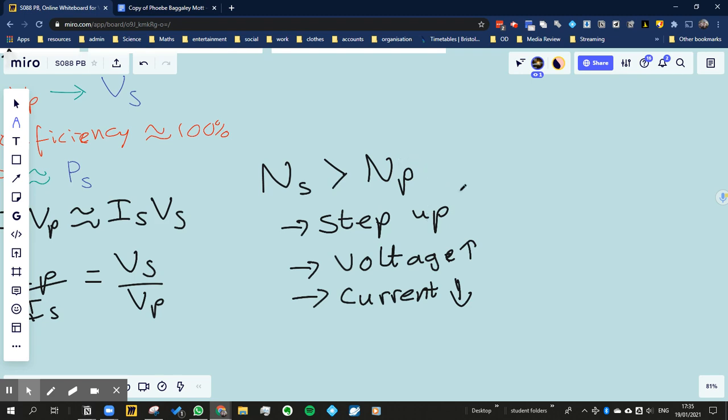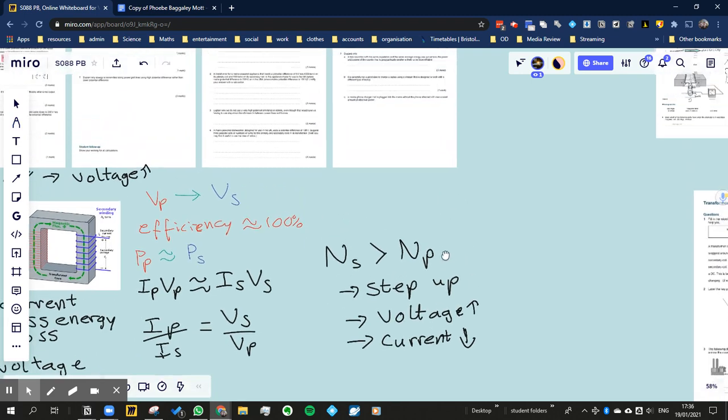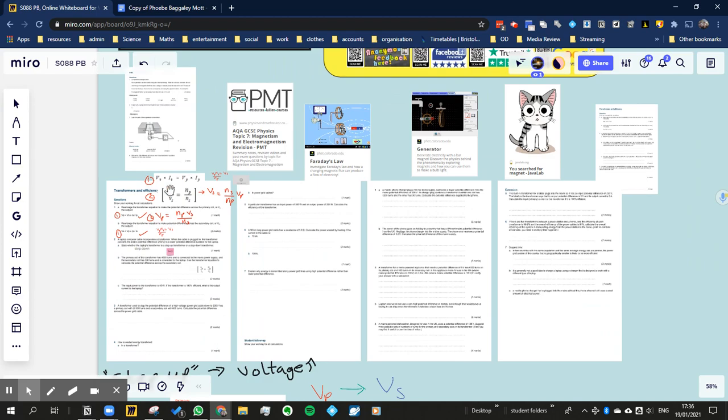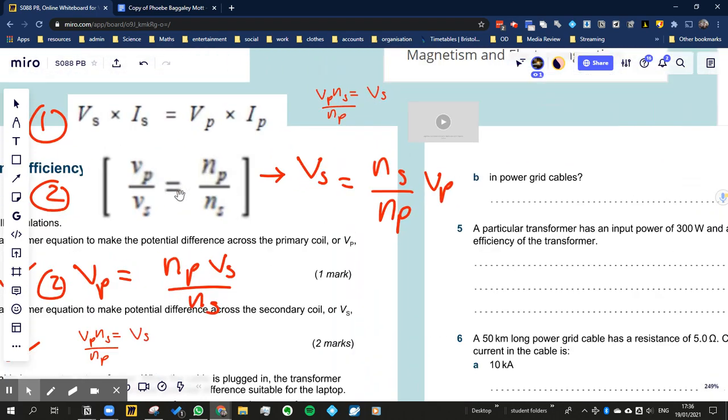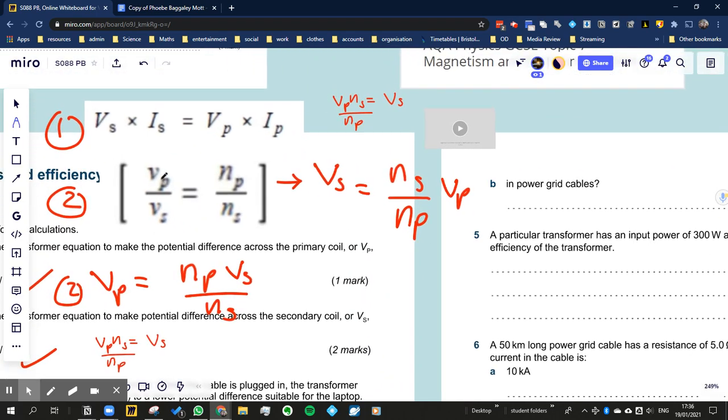The next thing is to bring in the second equation, which is this one here. Have a look at this ratio: the ratio of the voltages is equal to the ratio of the turns.